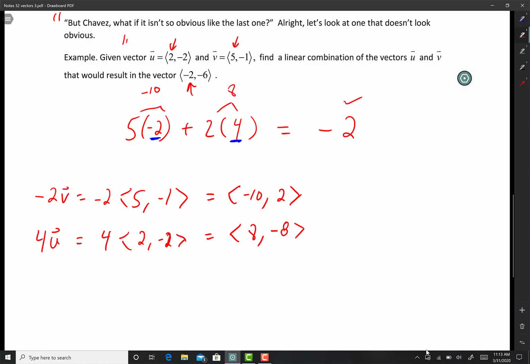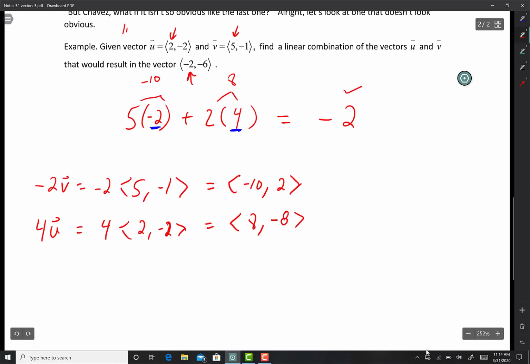I'm going to add them together. So I'm going to write the 4u first. So 4u plus a negative 2v. And let's see if that works. Okay, so let's not get confused. This is already negative 2v, guys.